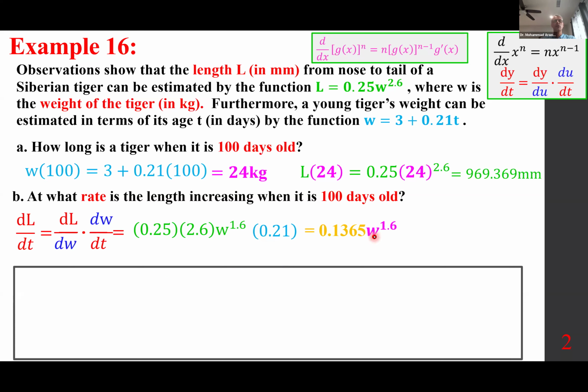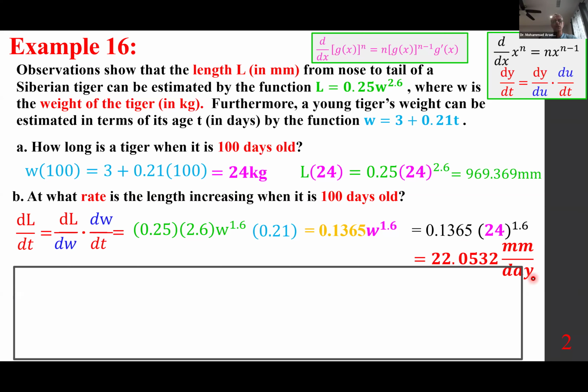However, since we are interested in finding the rate when it's 100 days old, and at that point the weight is 24, you can replace it accordingly. And again, you get the answer with perhaps a couple of decimals, 22.0532. Now, units of the length over the units of the time, millimeters per day.